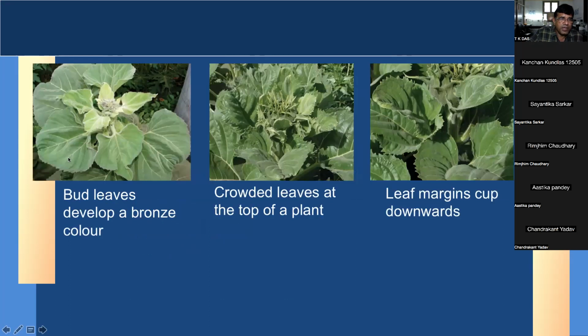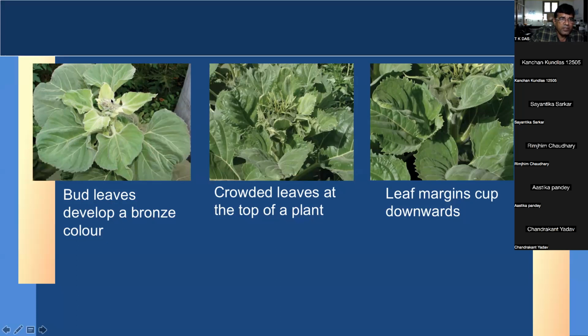And you can also check the leaves of this plant. Can you identify this plant, anybody? Sunflower. Very good. Excellent. So these are sunflower plants, or you can see their leaves. What happens in boron deficiency: bud leaves develop a bronze color.